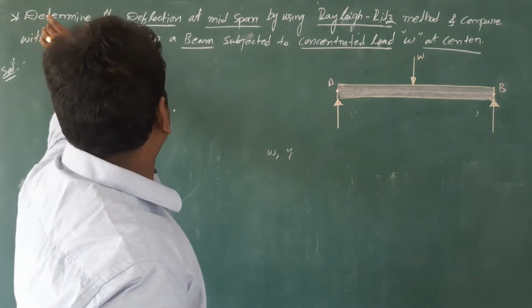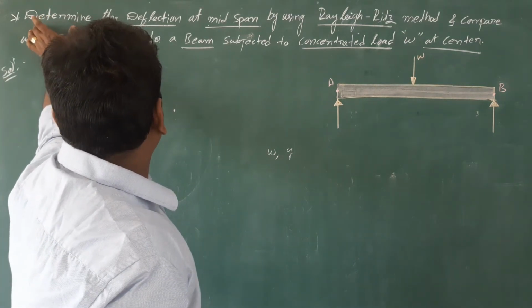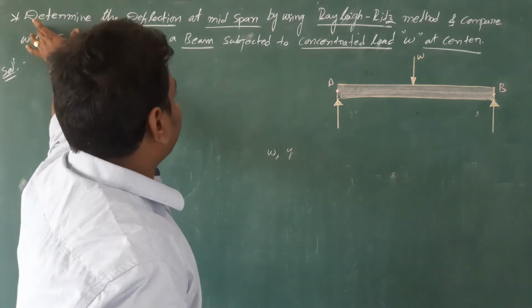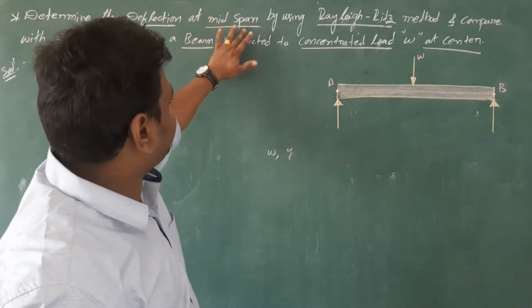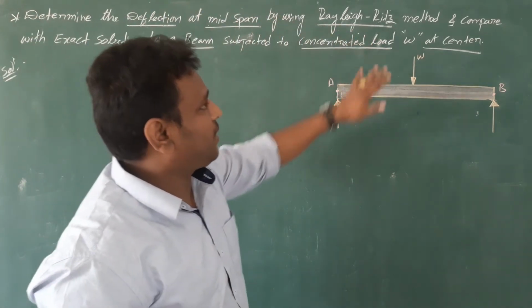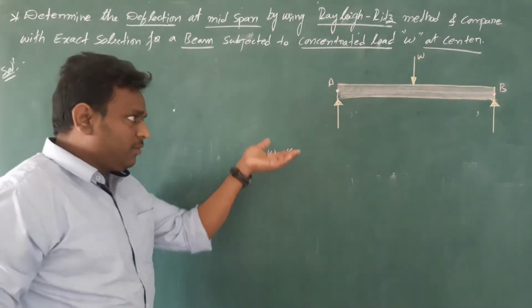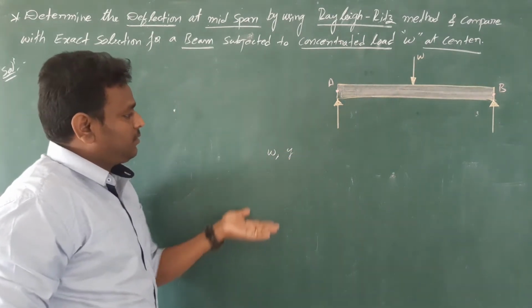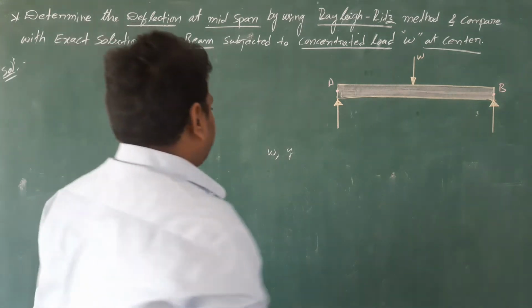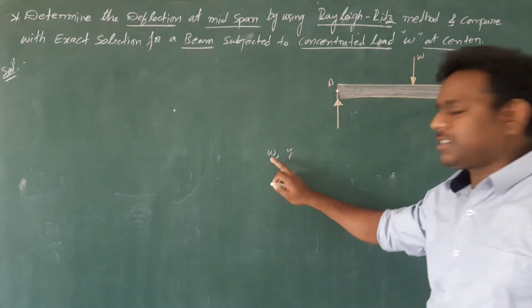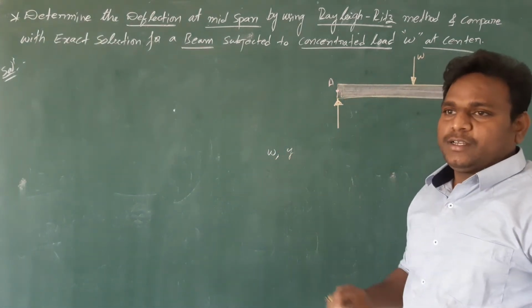So he wants to determine deflection at midspan by using the Rayleigh-Ritz method, that is, by doing this we generate the relation between W and Y.